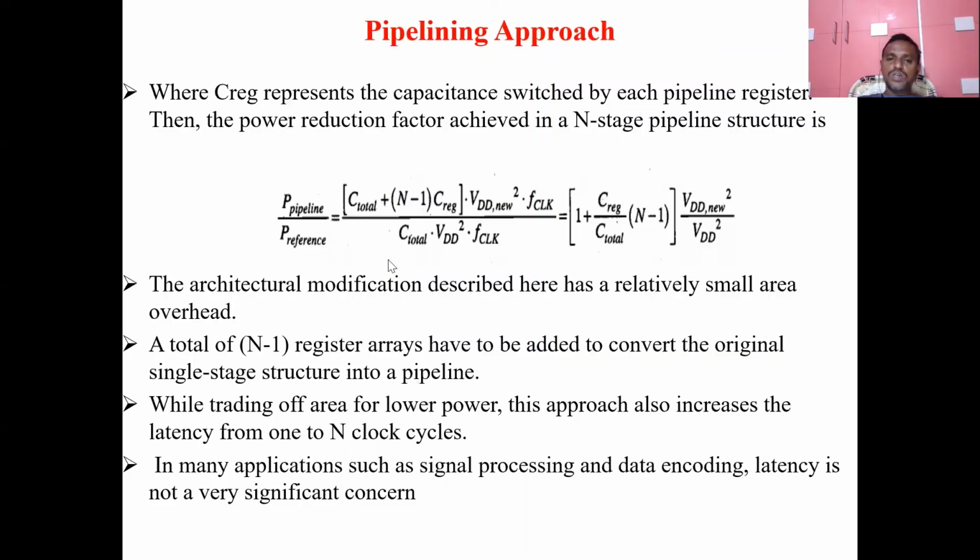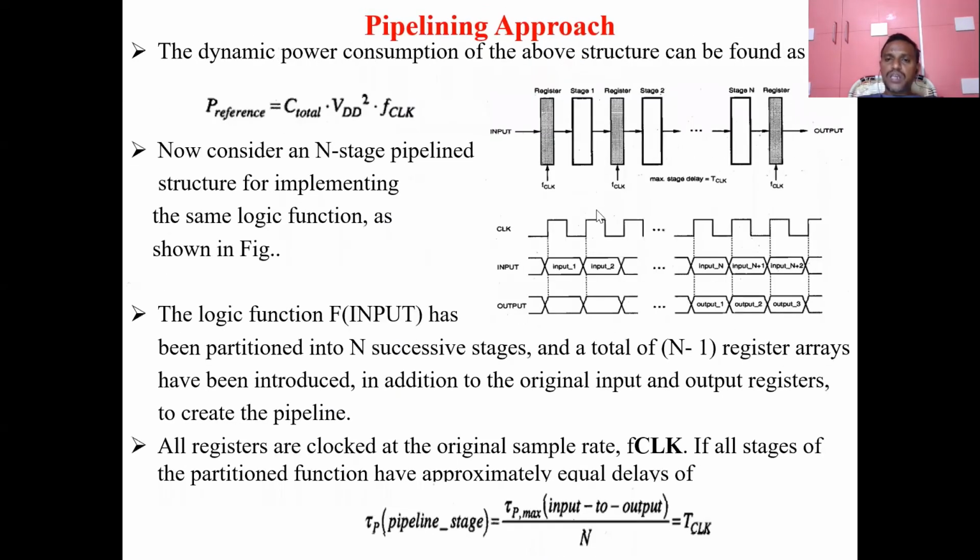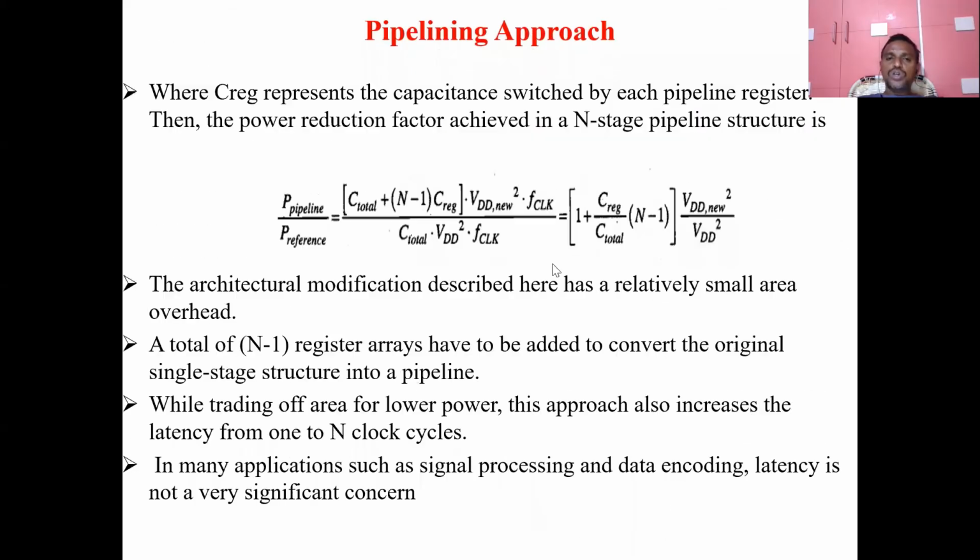If we use a single stage, we are using VDD, but with multiple stages, to operate the complete pipeline approach you have to increase the VDD. That's why I am taking VDD new square multiplied with f clock, divided by P reference. The reference value is nothing but total capacitance times VDD square times clock frequency.